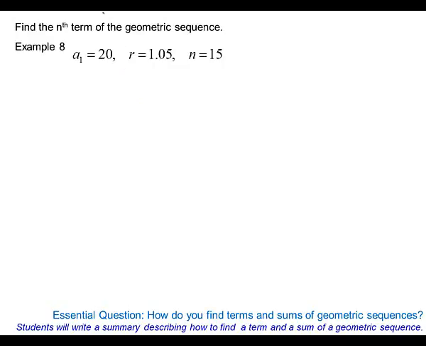All right, so we're going to look at what's your n value? 15. Okay, what's your first term? 20. Ratio? Good. 15 minus 1. Do I really need to write down 15 minus 1? What should I write down? 14.